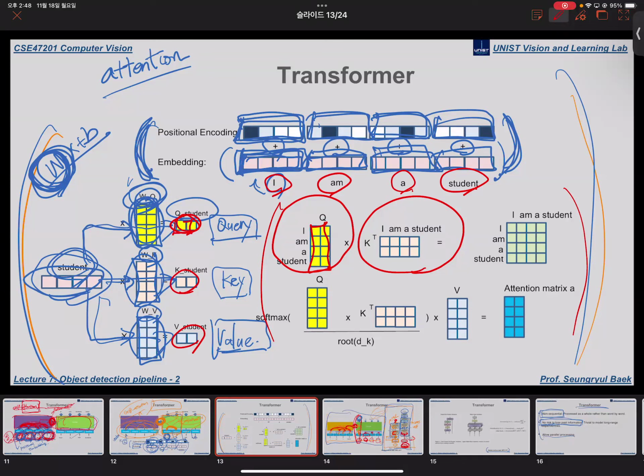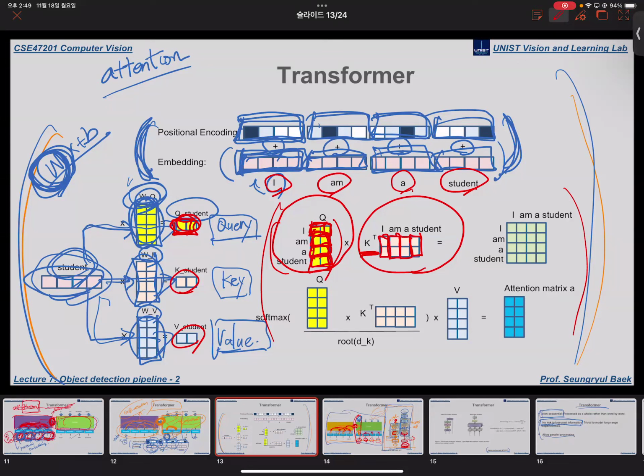Let's say the query for each word is 2-dimensional, then for each of the four words we calculate a 2-dimensional vector, and that makes this kind of matrix. Also for the key, we get the keys for the four words.